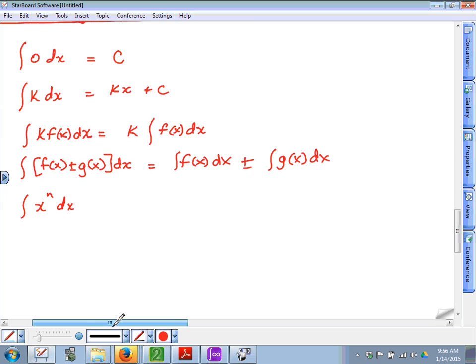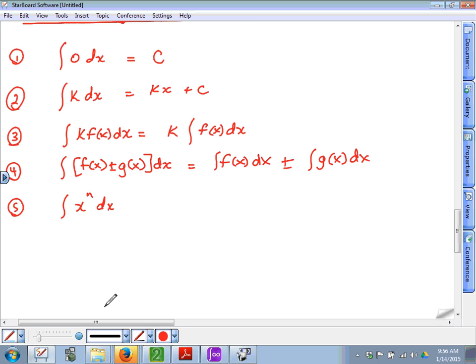So what's going to happen here? With derivatives, we decrease the power, didn't we? So with integration, we're going to have to add to the power, right? You guys seeing the similarities here? So it is going to be x to the n plus 1 over n plus 1.